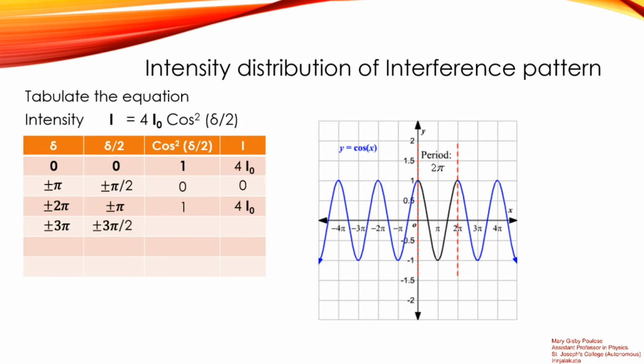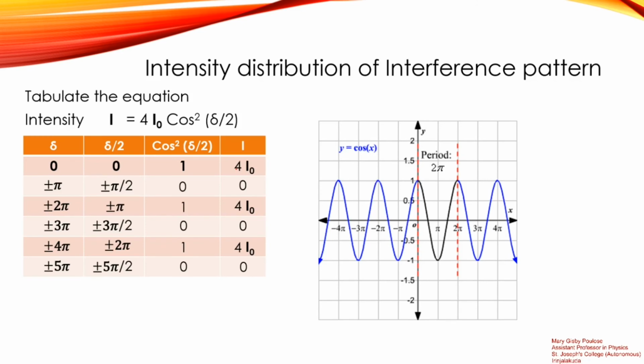Cos square delta by 2 is 0, hence intensity is 0. Now, when your phase difference is plus or minus 4 pi, delta by 2 is plus or minus 2 pi, cos square delta by 2 is 1, hence intensity is 4 I naught. And when delta is plus or minus 5 pi, delta by 2 is plus or minus 5 pi by 2, and the cos square delta by 2 is 0, hence intensity is 0.